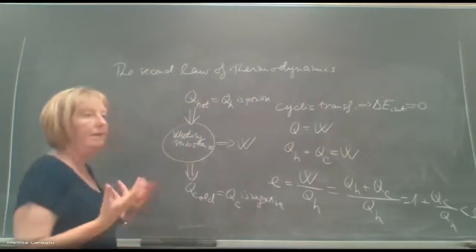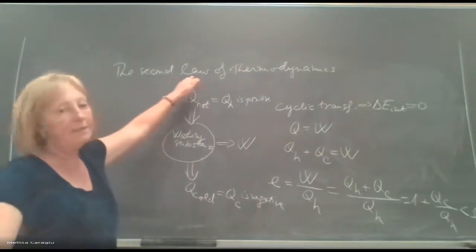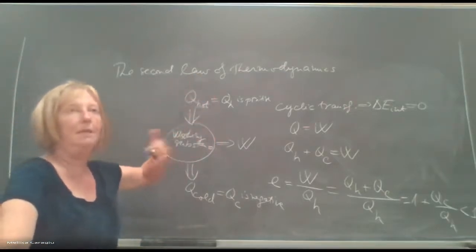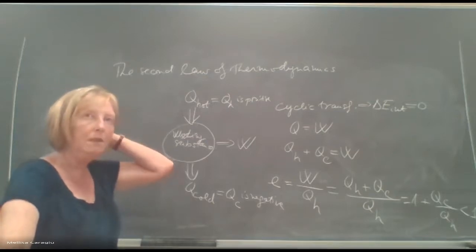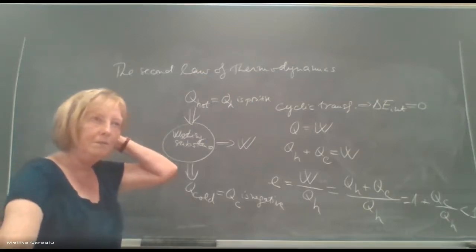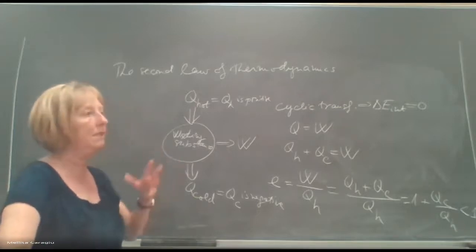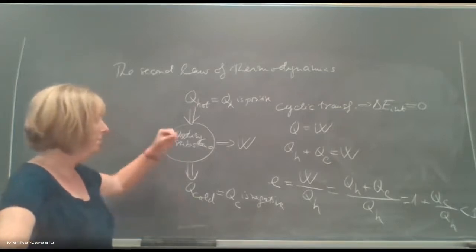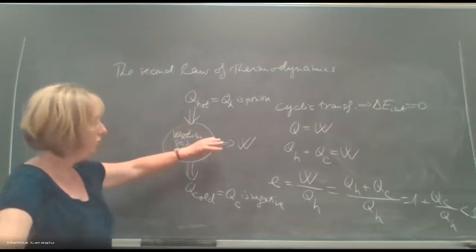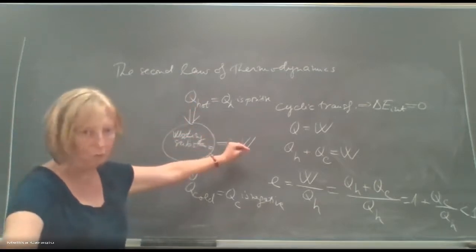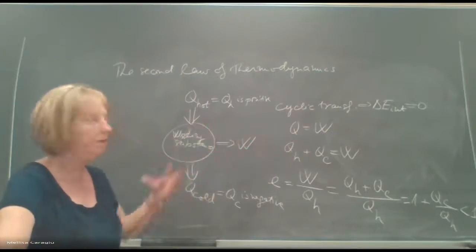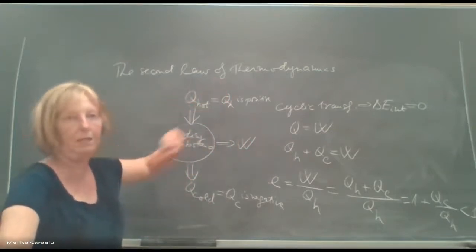So that is actually the second law of thermodynamics, and it sounds a little bit, I don't know, very childish in a way to say that it is impossible to have a heat engine which transforms entirely the heat that it receives into work, because that's actually the formulation of the second law of thermodynamics.